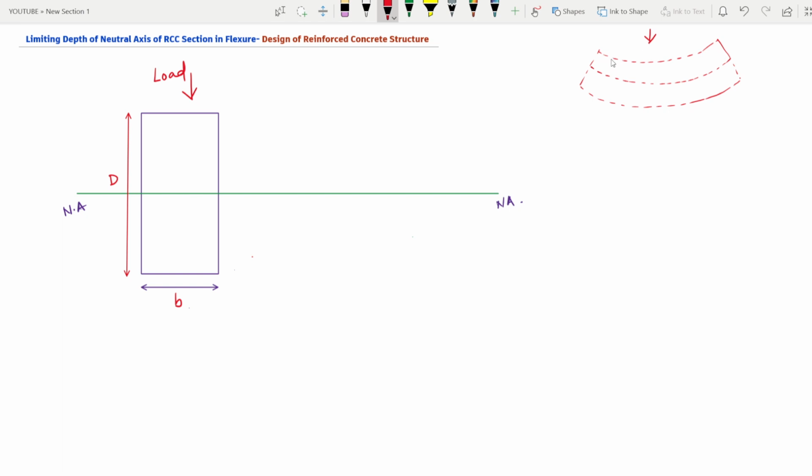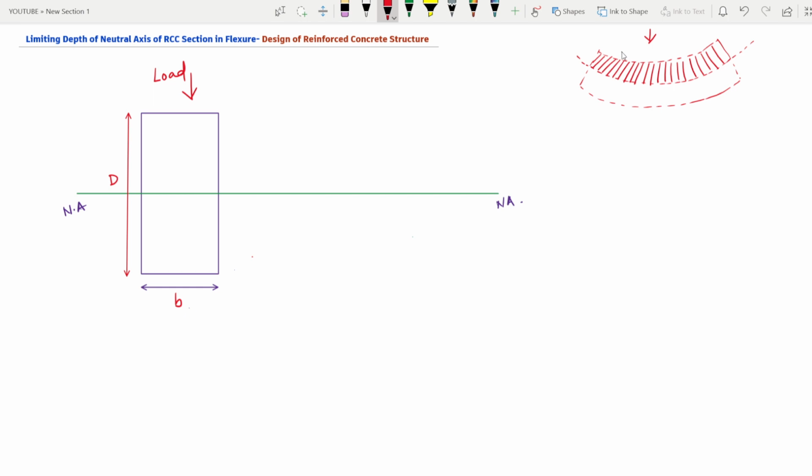So the top, if you see this line I have drawn, there will be a zone where all the strips, or you can say all the fibers of this particular zone, will be under compression, right?